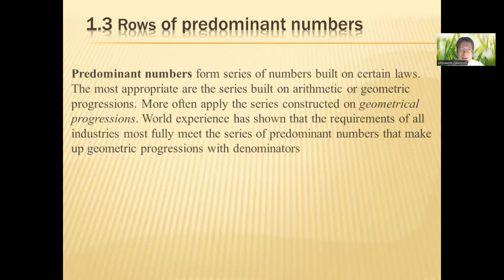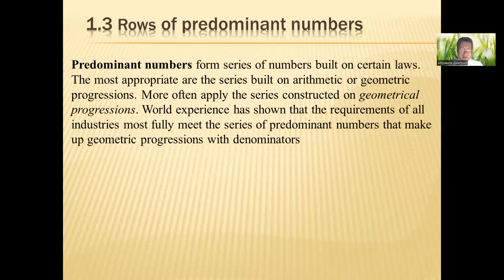Now we start item 1.3, rows of predominant numbers. What are predominant numbers? Predominant numbers form series of numbers built on certain laws. The most appropriate are the series built on arithmetic or geometric progressions.